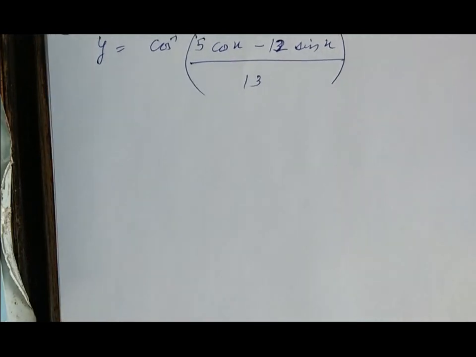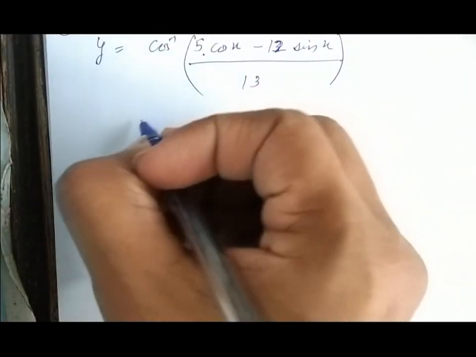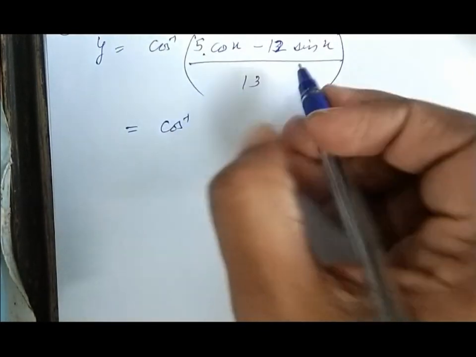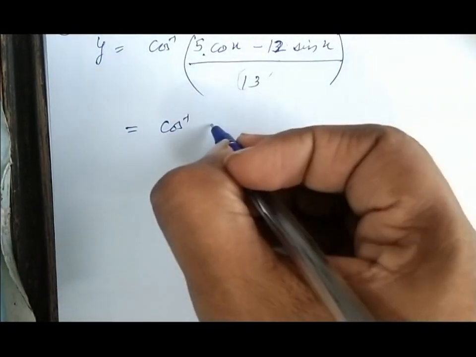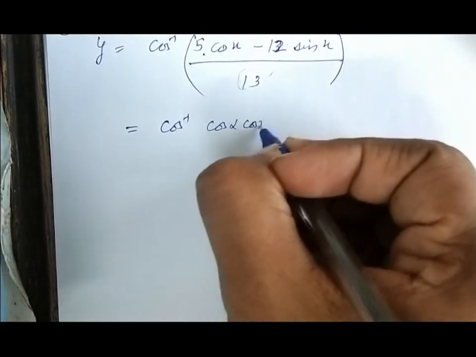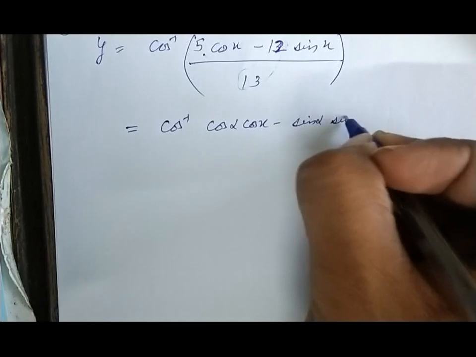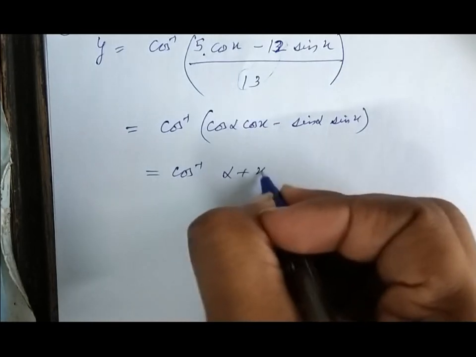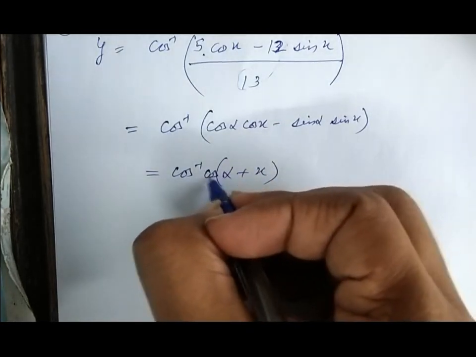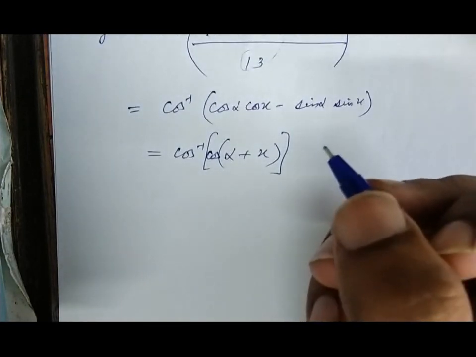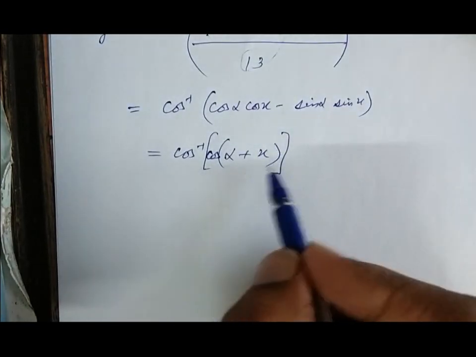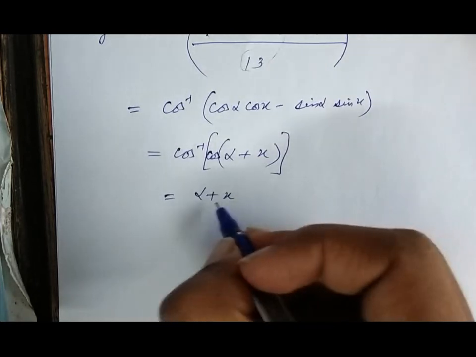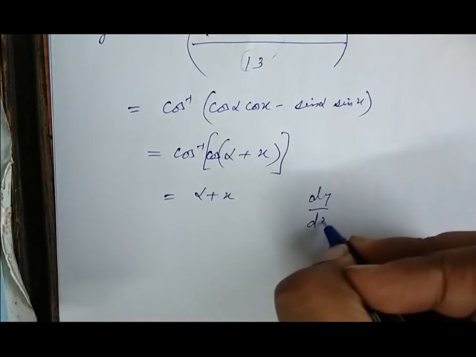If 5 by 13 is cos alpha, then 12 by 13 becomes sin alpha. So cos alpha cos x minus sin alpha sin x is equal to cos inverse of cos of (alpha plus x). If x is between 0 to pi by 2, this can be written as alpha plus x. Hence its dy by dx would be equal to 1.